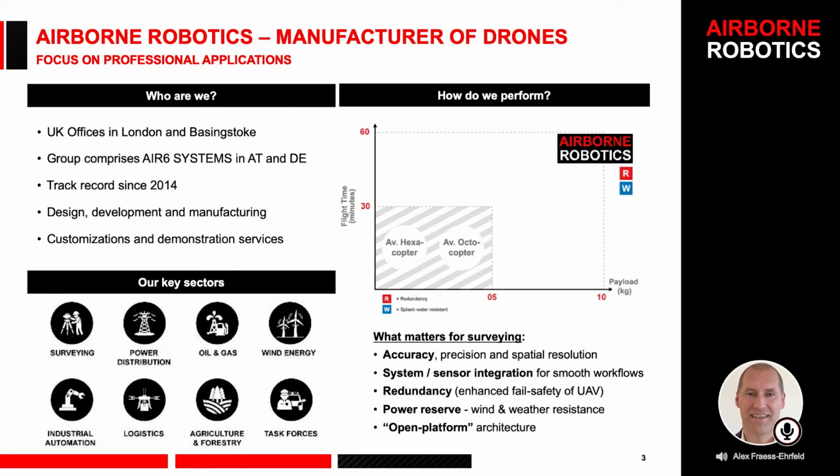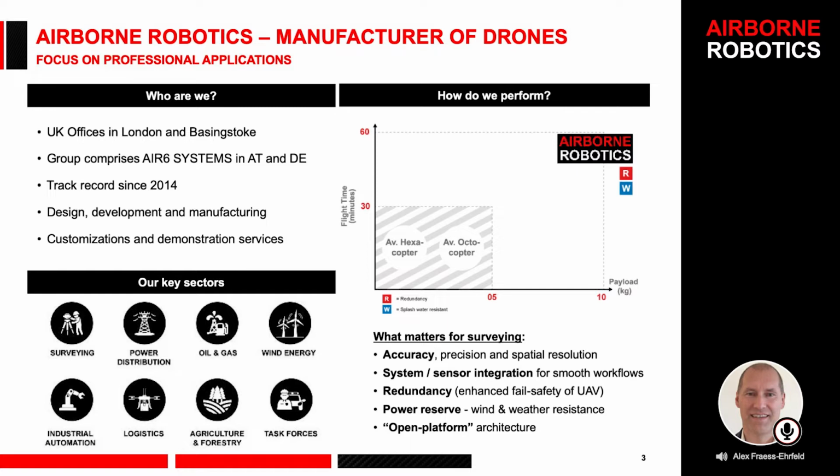Before I go into the actual topic, I would like to say a few words on Airborne Robotics. We are a manufacturer of drones with focus on professional applications. In the UK, we have offices in London and Basingstoke. The wider group includes also Air6 Systems in Austria and in Germany. The team has a track record since 2014. As a manufacturer, we design, develop, and manufacture the drones, but we also customize systems and do demonstration services.